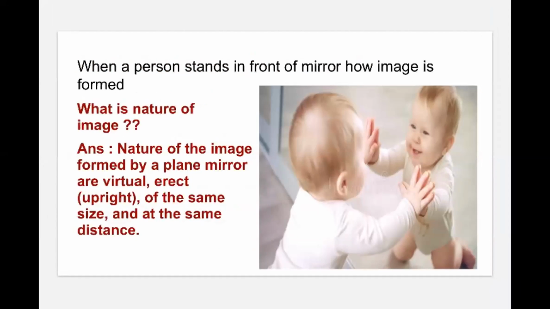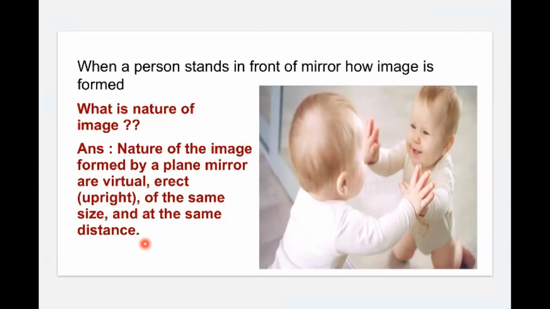Now, students, in this slide, you are seeing a baby watching his or her image in the mirror. So when a person stands in front of a mirror, how is the image formed, and what is the nature of the image? These are the two think-about-it questions we are posing in this slide. We say the nature of the image formed by a plane mirror is virtual, erect, that is upright, and of the same size and at the same distance.